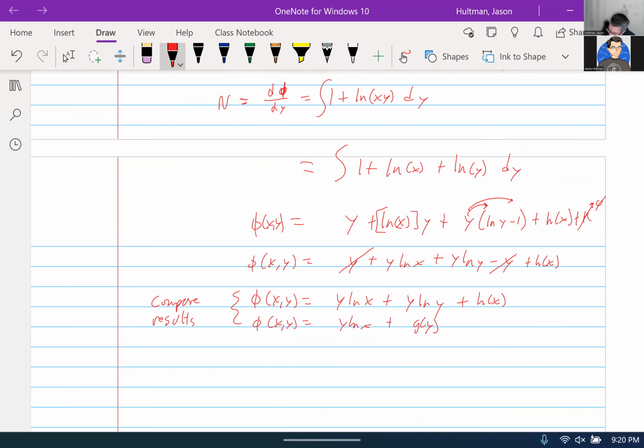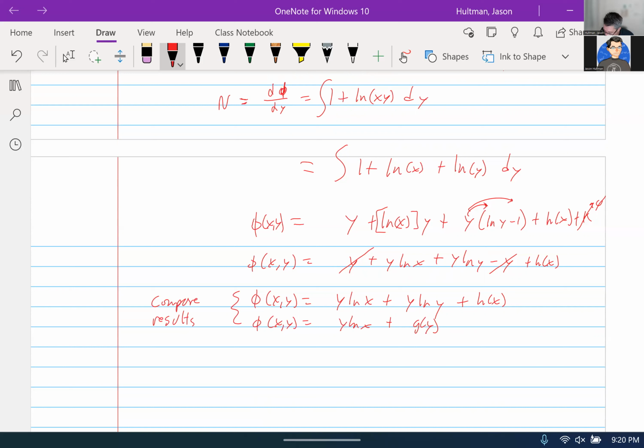Well, what do you think g of y is here? Well, g of y is going to be the y natural log of y. That's the g of y. It only includes things that involve y in that term.